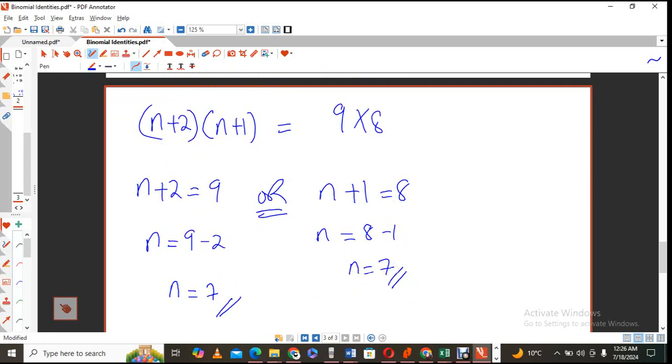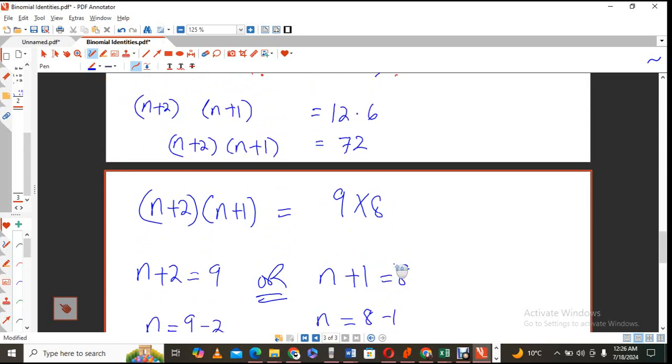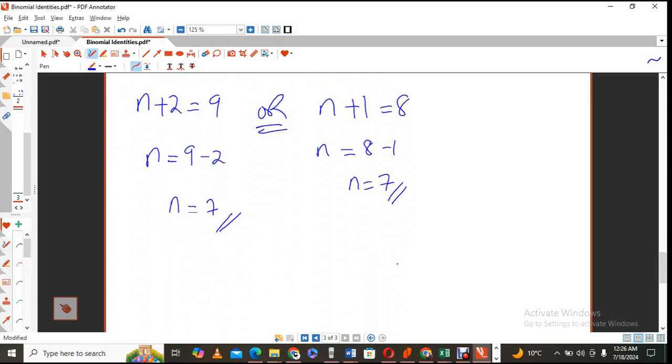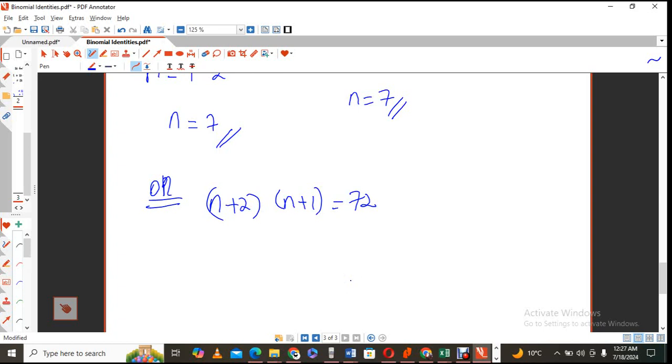If you couldn't do this, then I suggest you could also perhaps use the quadratic. So you have (n + 2)(n + 1) equals 72, and then you can solve the following quadratic. That is going to be n squared plus n plus 2n plus 2 equals 72.